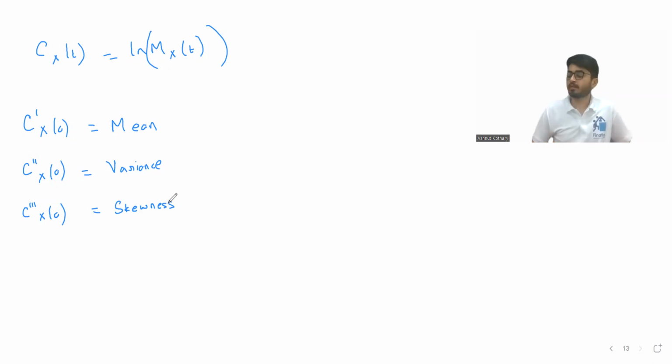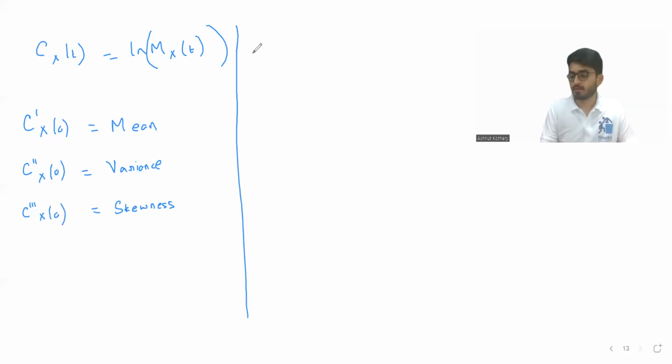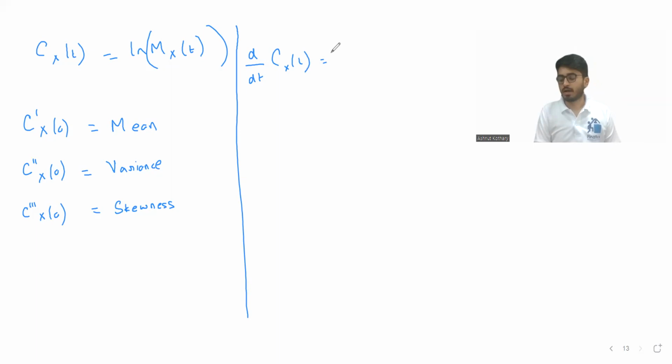We can get into the derivation of this. I will just get into the derivation of one; the others you could do accordingly. It will just be testing your ability to differentiate. If I differentiate d by dt of C_X(t), here I need to apply the chain rule, as I am differentiating a log function. So this will be 1 by M_X(t) into M'_X(t).